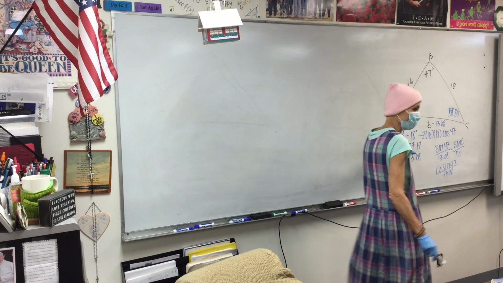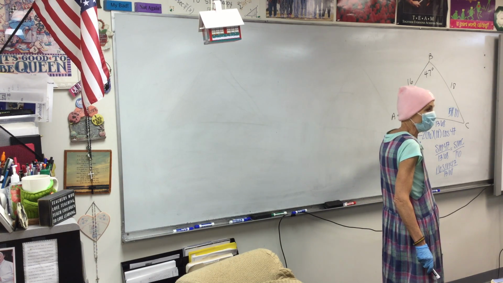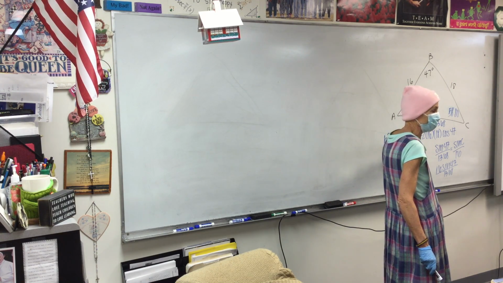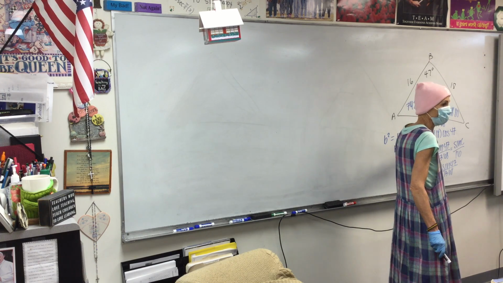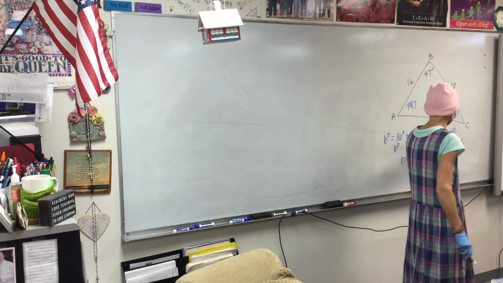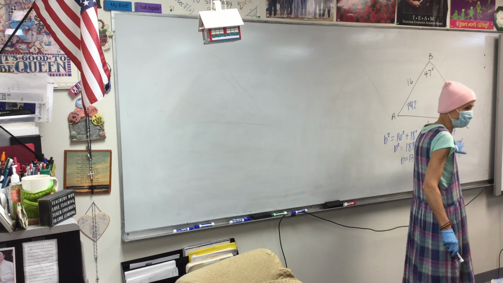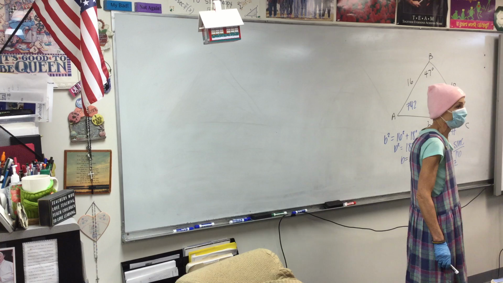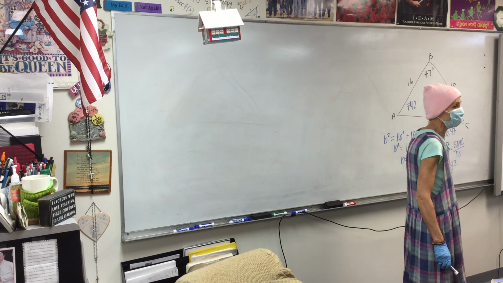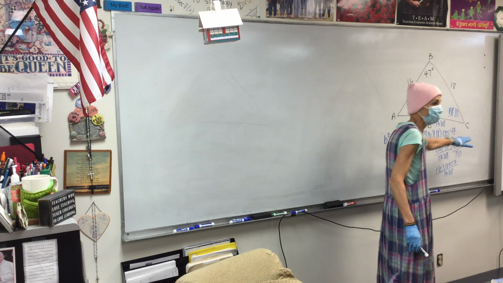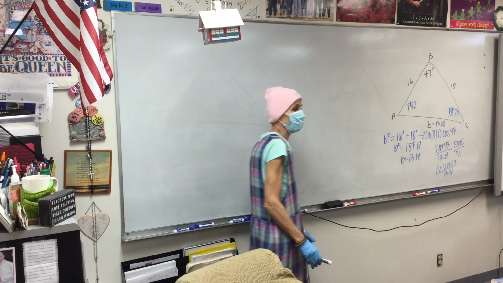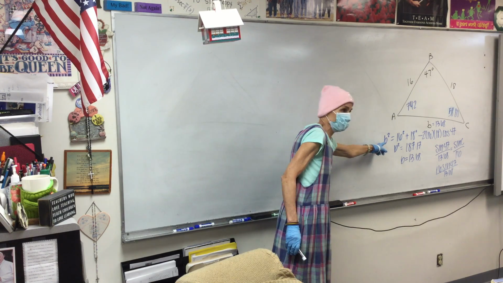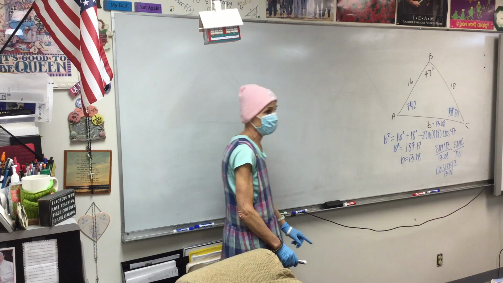Okay, are you typing 16 squared plus 18 squared minus 2 times 16 times 18 times cosine 47 equals? Type it straight in. And as soon as you hit equals, then you're going to have to square root, remember, because that's going to be b squared.